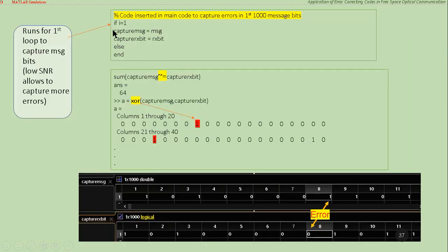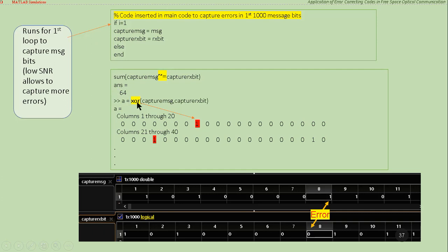This was the small code that I inserted to see where the errors are happening, because errors are happening at random. So we need to see randomly where the errors are happening. To see that, I captured the message and the received message block, then compared where they are not equal and summed them up. So I found 64 errors.